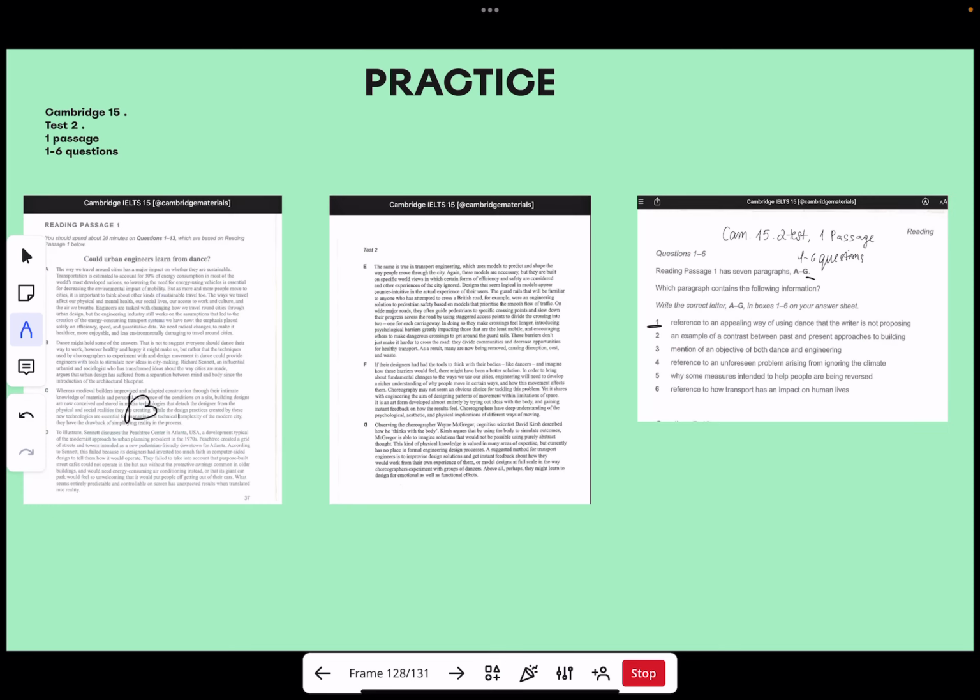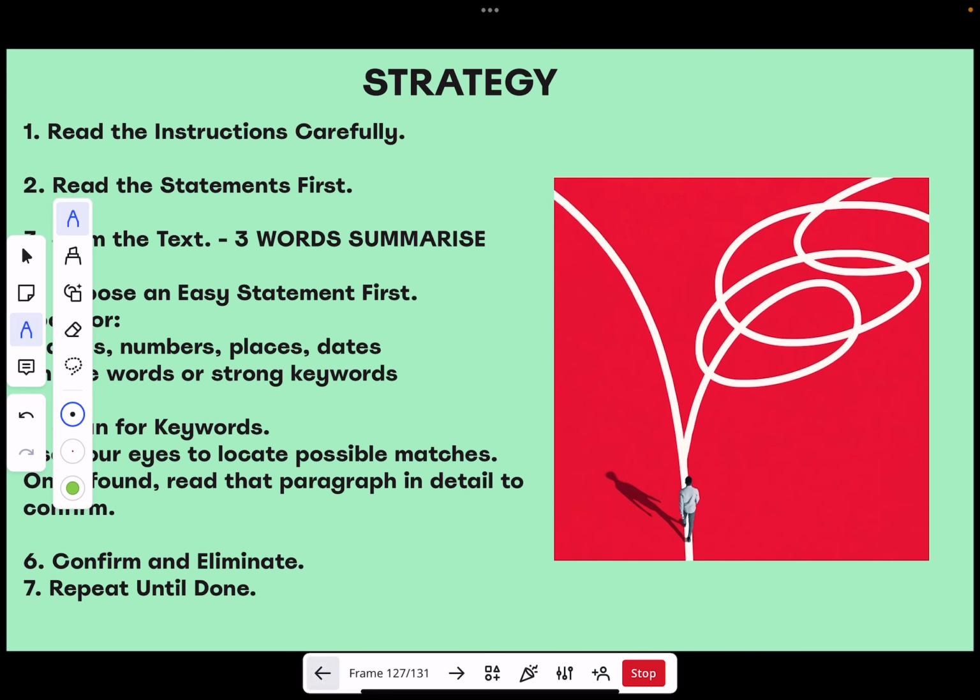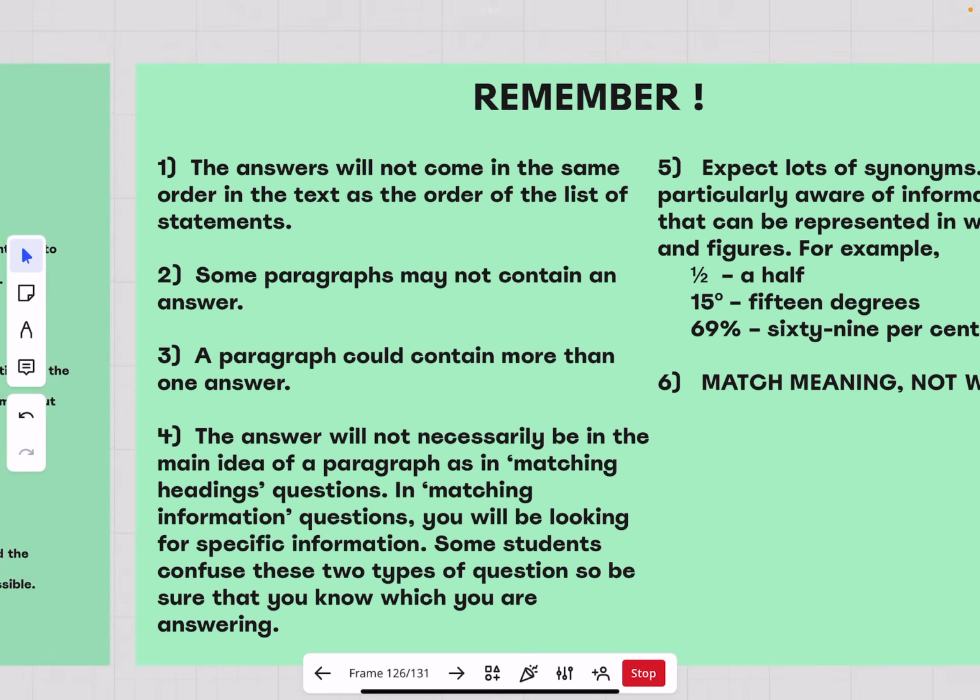For the first answer, you may find it here, but for the third one, you might find it here. For the sixth one, you might find it here. So there is no order, which makes your life harder. But don't worry, because I will show the strategy.